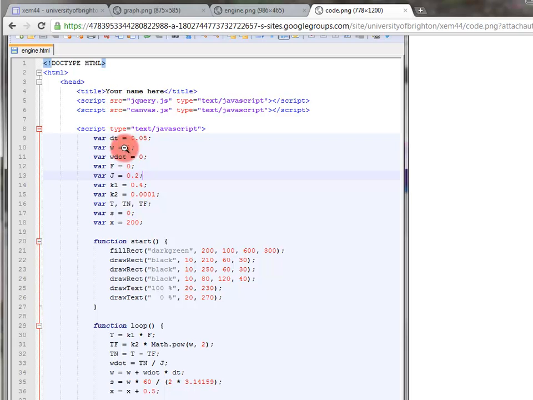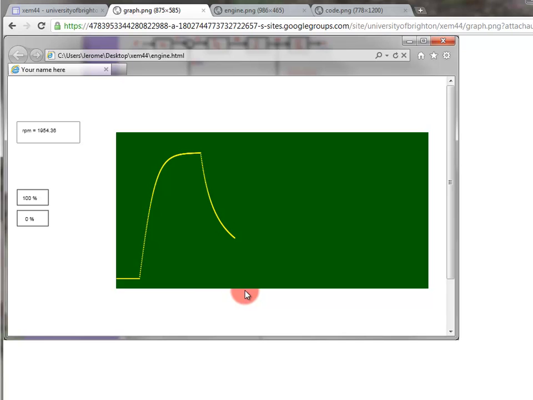The variable W, omega, is engine speed. Omega dot is acceleration, F is the fuel as a percentage, J is the inertia, K1 is the combustion constant, K2 is the friction constant, T, Tn and Tf are all the torques, S is the initial speed in RPM, and X we're going to use for the graphing. X is the distance along the x-axis on the graph.